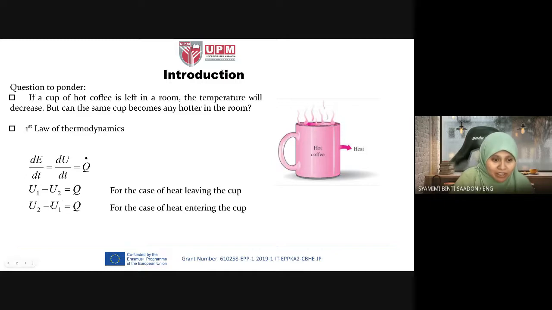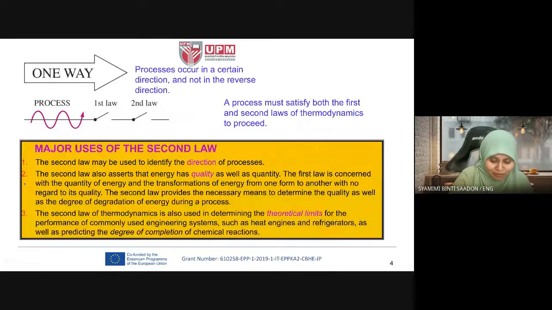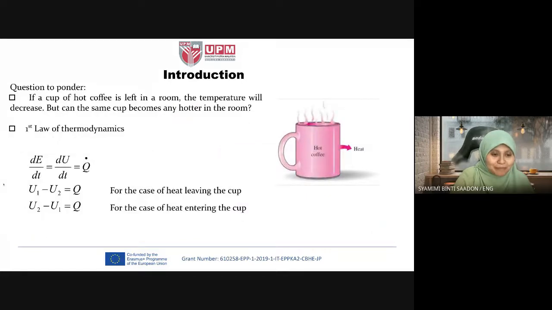From the first law of thermodynamics, we can also write U2 minus U1 equals Q, which means that heat is entering the cup, and the internal energy at the end is higher. We can write both of these equations from the first law, but only the first equation is logical.